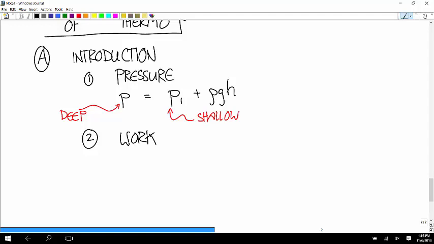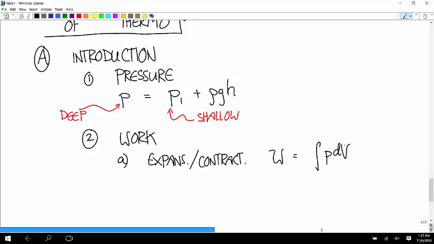And work. There's really only one sub-thing worth putting on here, and that is that the work done by expansion or contraction is the integral of P dV. Remember that that volume is the total volume, not the specific volume that we're more used to dealing with.